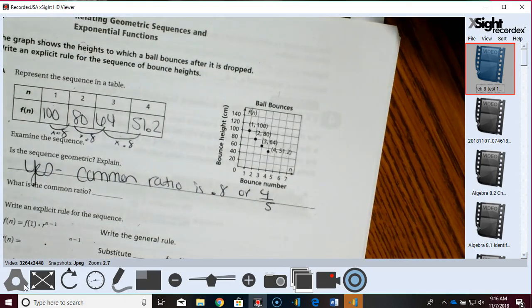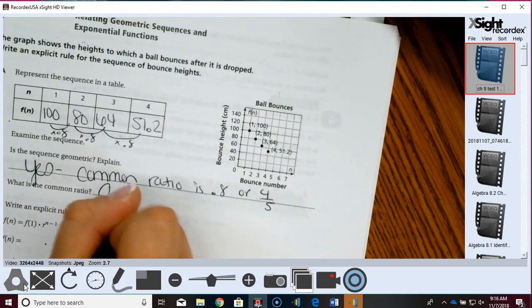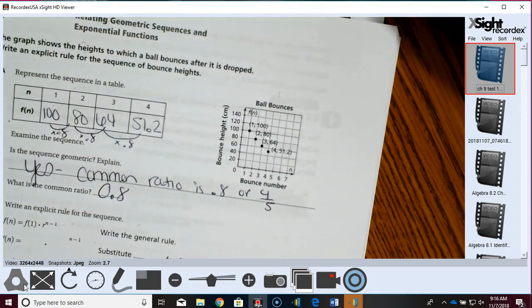What is the common ratio? I'm just going to put it as 0.8. Write an explicit rule for the sequence. So I'm going to have the first term, 100, times 0.8 to the n minus 1.